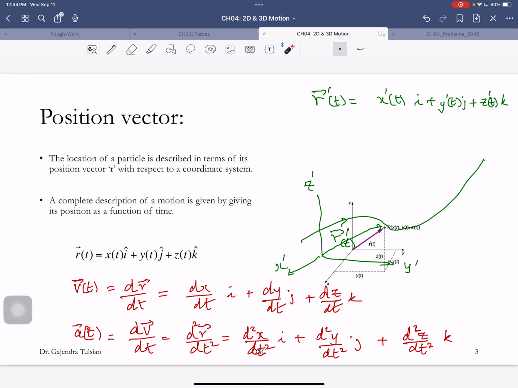If you want the acceleration, acceleration is the time derivative of velocity, which is the second time derivative of the position. So here are the x, y, and z components of the acceleration.